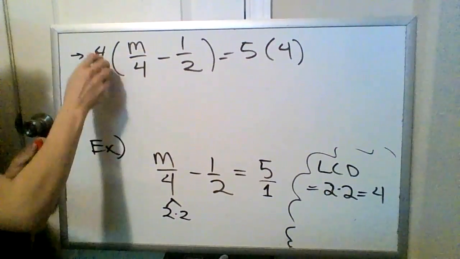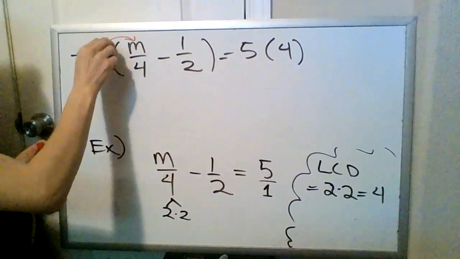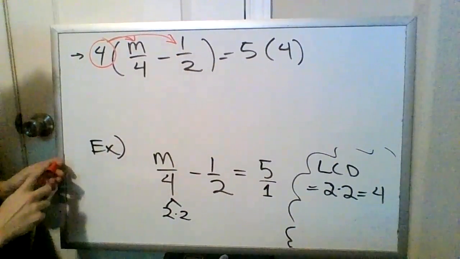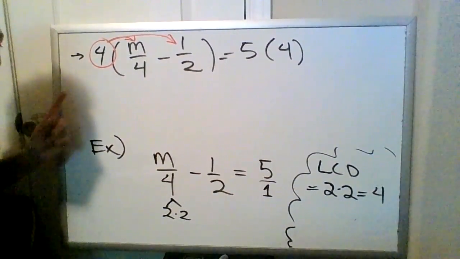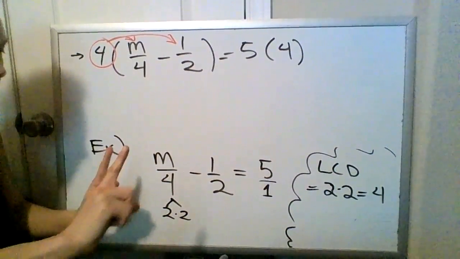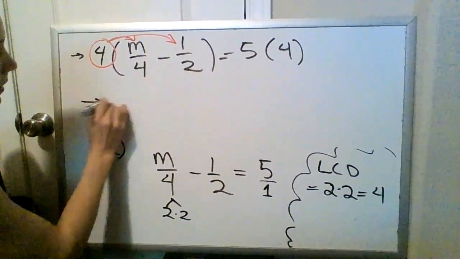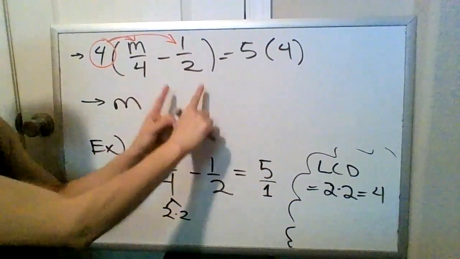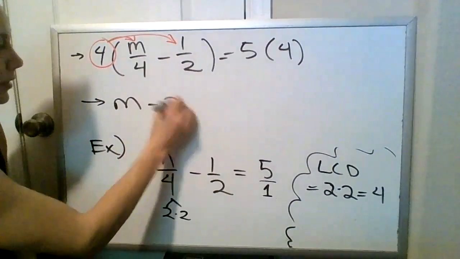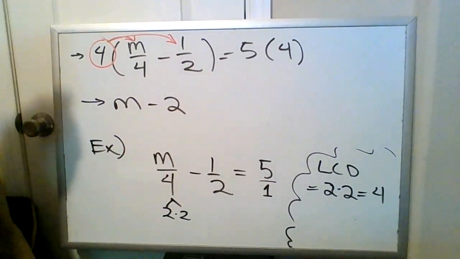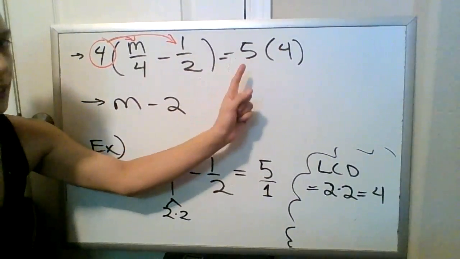This side, we're going to distribute 4. 4 times m over 4 is m. 4 times negative 1/2 is negative 2. And equal to 20.